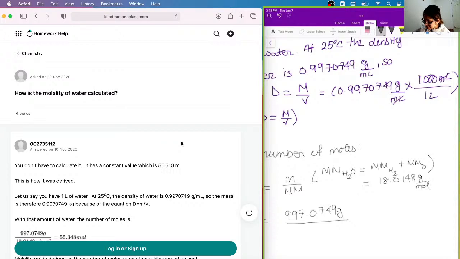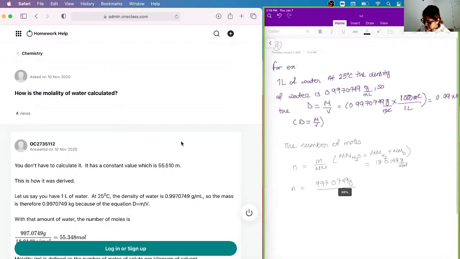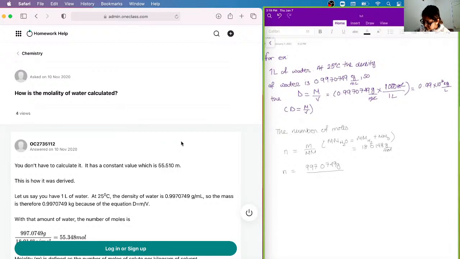Okay, so we can just put this into our equation, all grams would get cut out, and you basically get 55.348 moles.